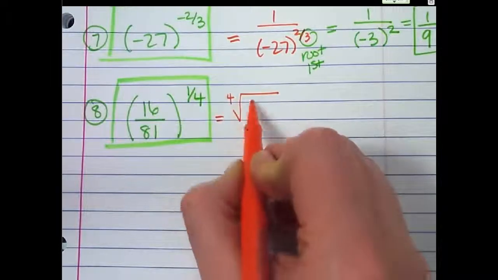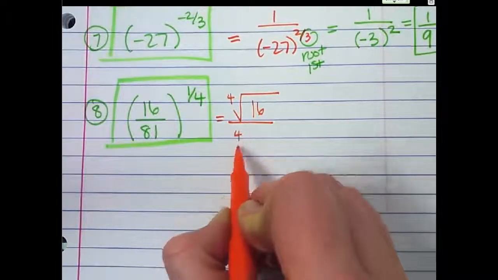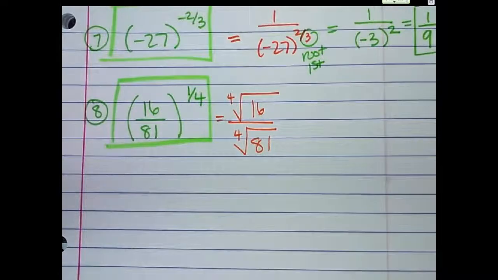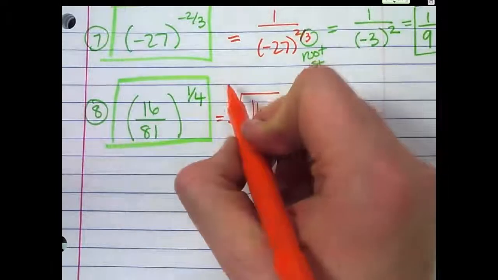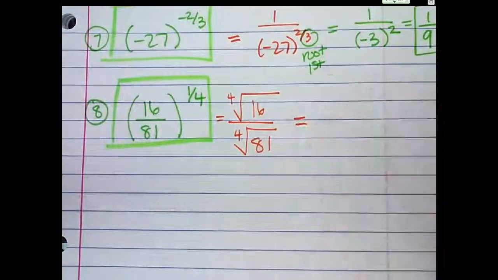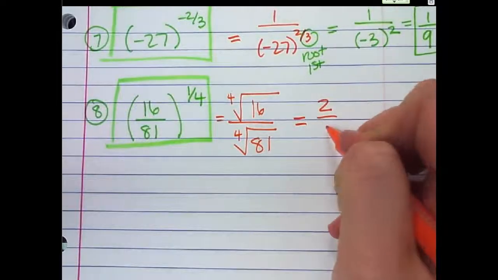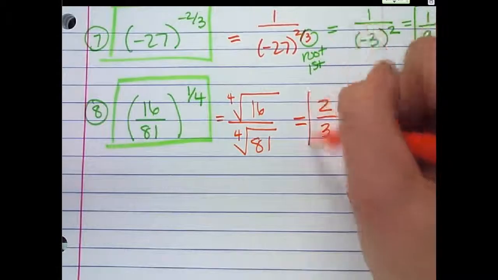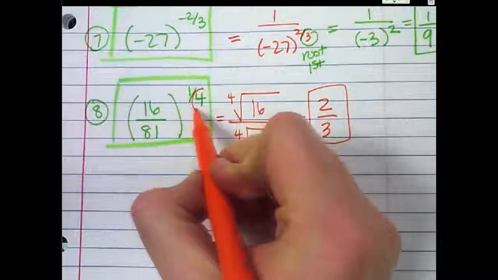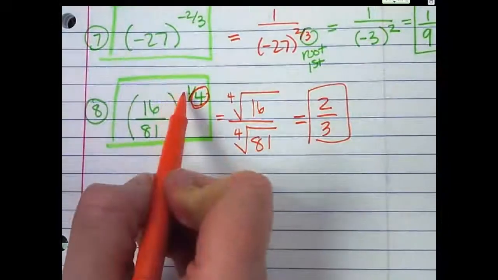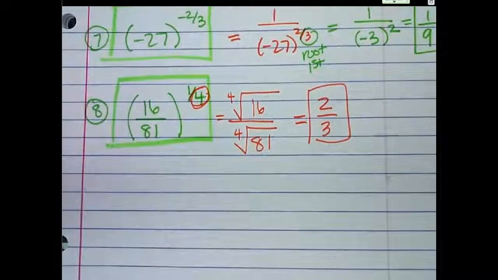The 4. So really I'm going to do the 4th root of 16 and the 4th root of 81. So you're just finding the 4th root of both. What's the 4th root of 16? 2. And of 81? So again, you could just look at this and say, oh, I'm just finding the 4th root. They're both raised to the 1st power, so you don't have to do any work after that.